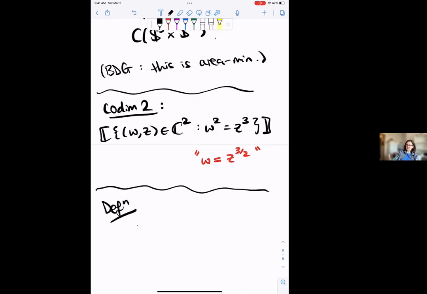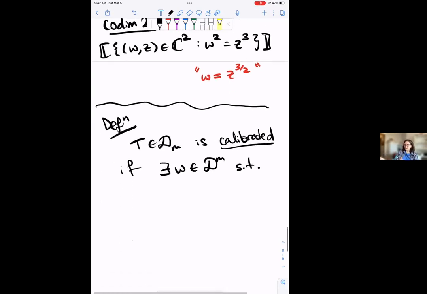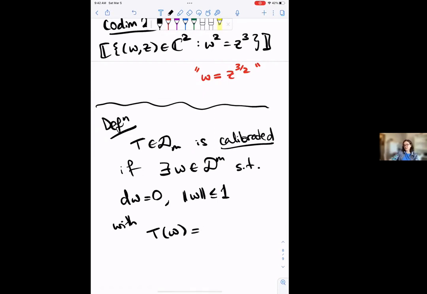We say that an m-dimensional current is calibrated if you can find an m-form that is closed, has comass at most 1, and such that when you test your current against this m-form, this realizes the mass of the current. And for any holomorphic subvariety, the current induced by it is calibrated by the Kähler form.